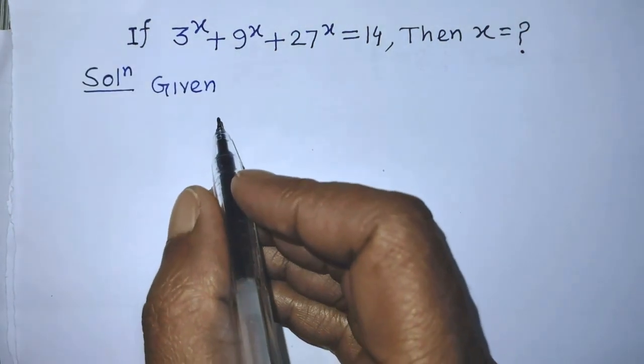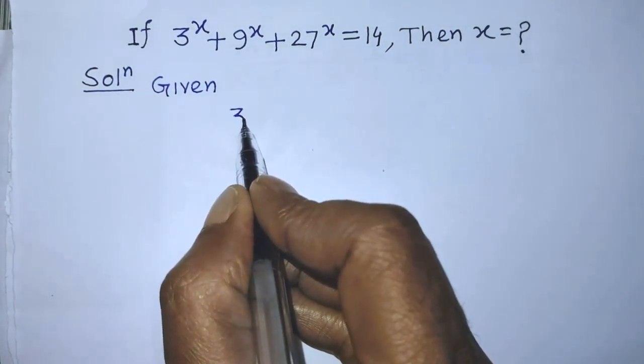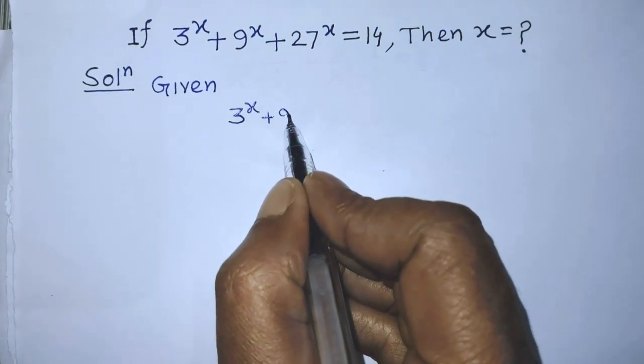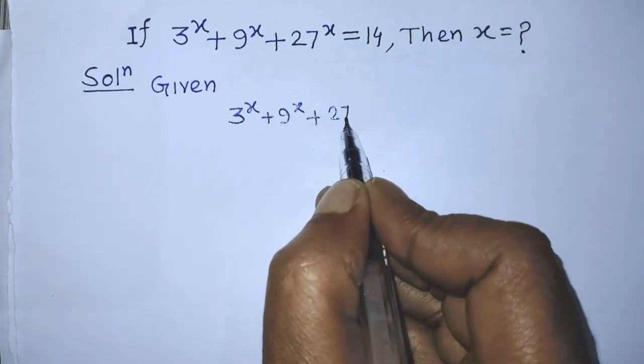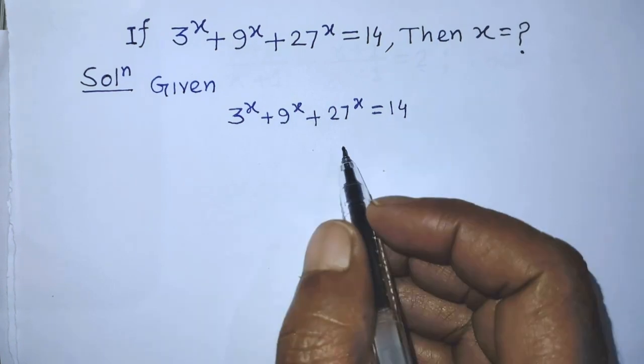So student, our given algebraic equation is 3^x + (9^x + 27)^x = 14.